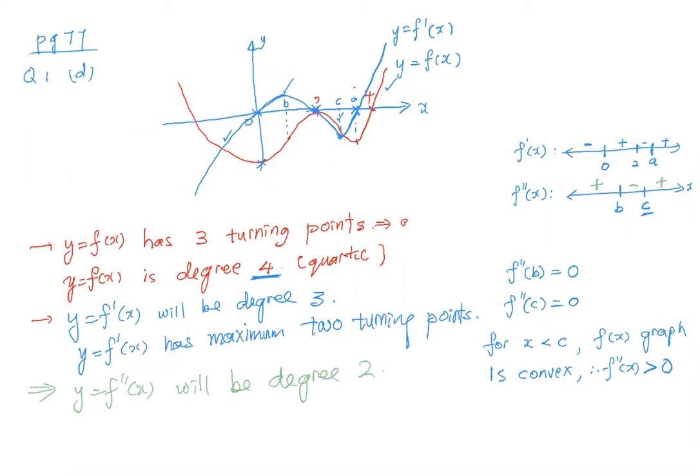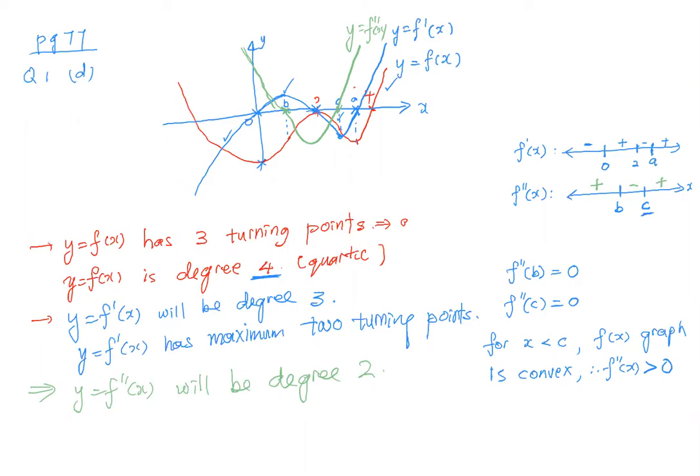That means your f double prime will pass through this point and this point, and this is going up, so it will be positive, then the graph will go like that. This is y equals f double prime x. You get me?